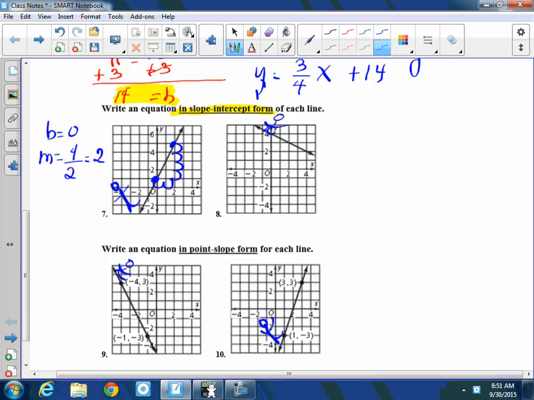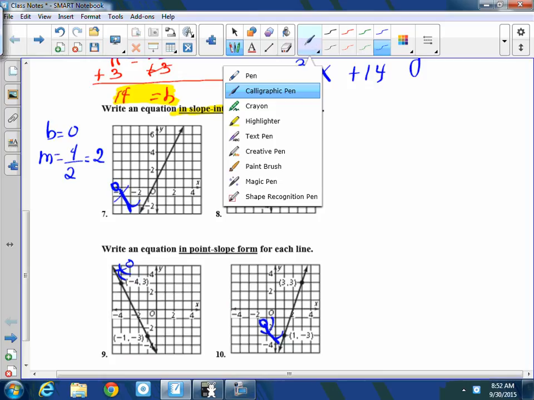I can plug it in. Yes, you can go on. You have to write it out. Yeah, this is 0. Yeah, you're right. That is 0.